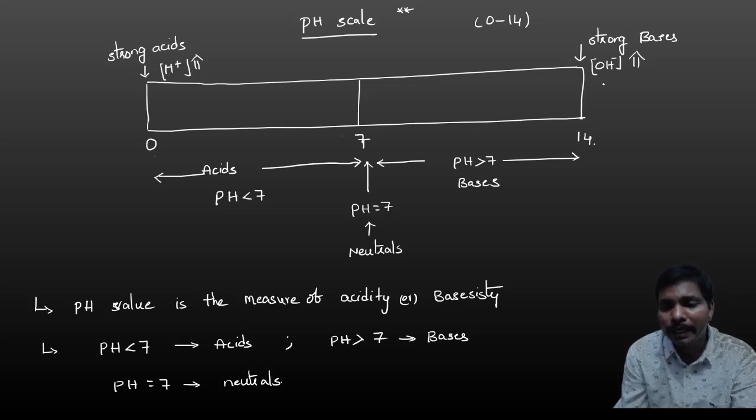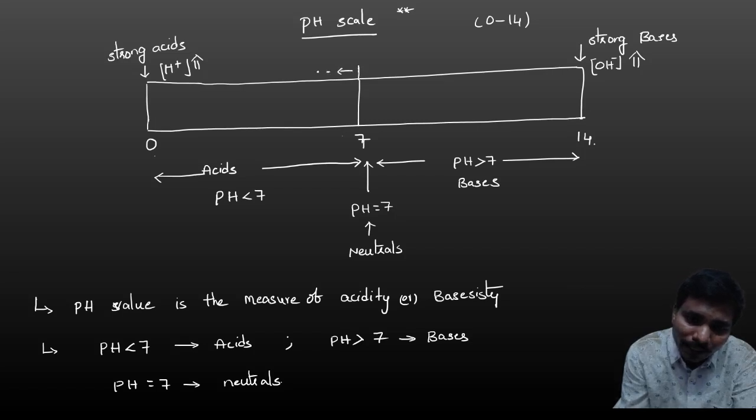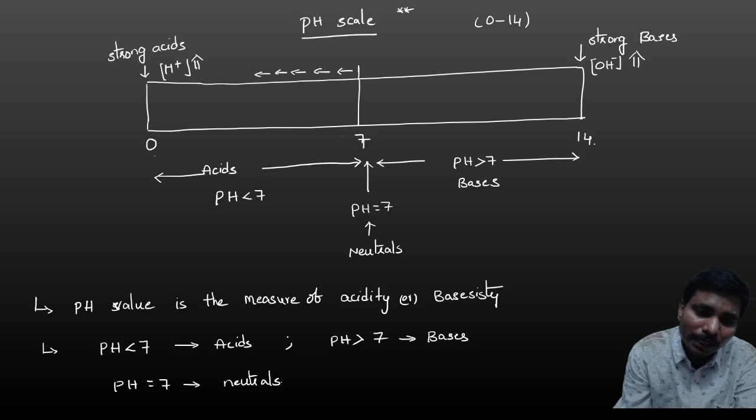At 14, OH minus ion concentration is more. That means from neutral to 0, what is happening, guys? Whenever you are going from 7 to 0, H plus ion concentration is increasing.